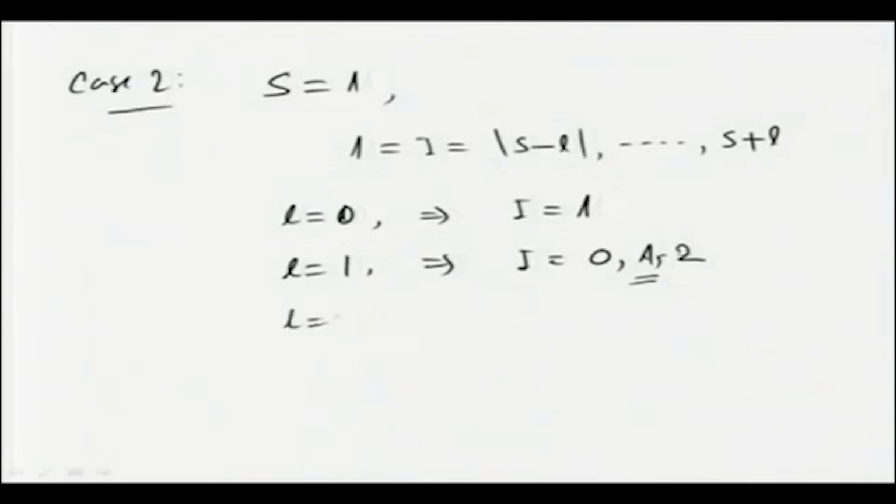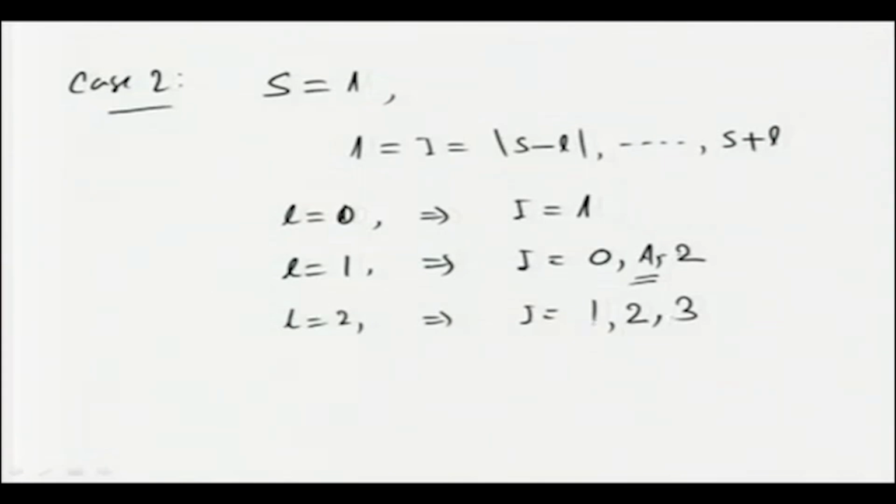If you take L equal to 2, then that will give possible I values as 1, which is L minus S, and then plus 1 which is 2, and then 3 which is L plus S, 2 plus 1.